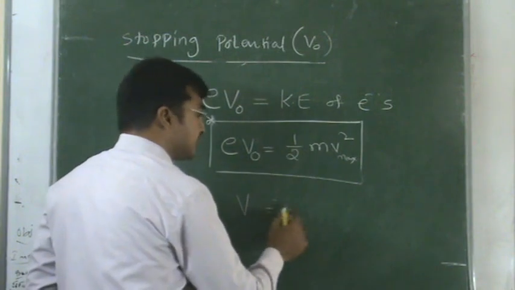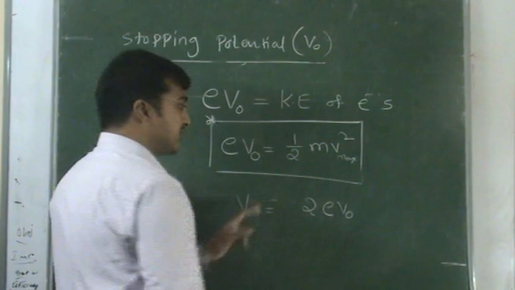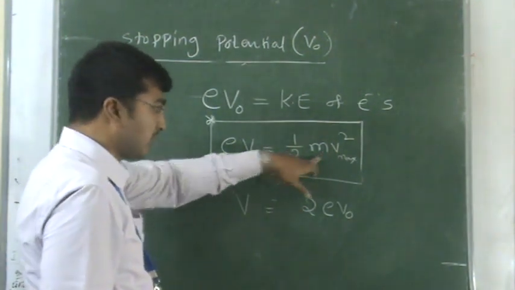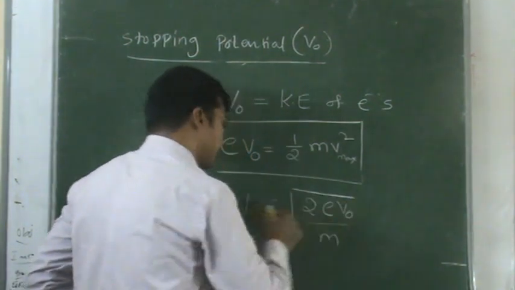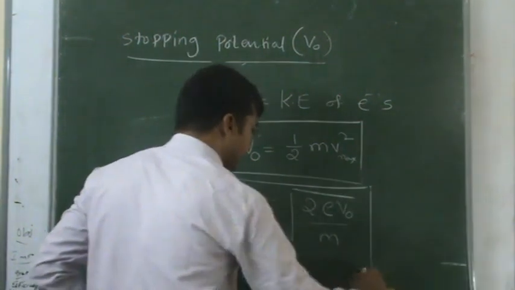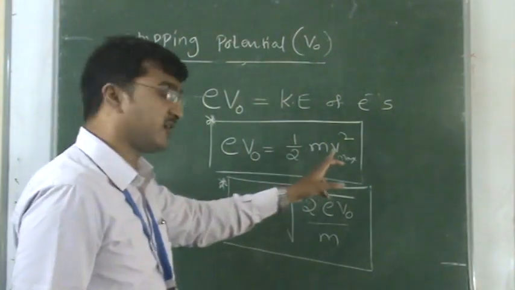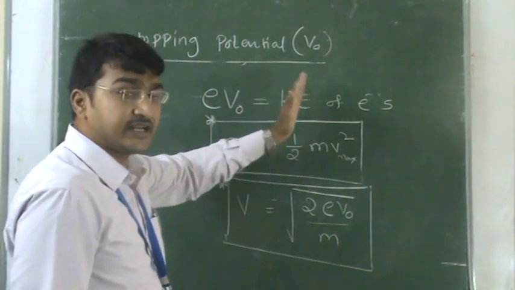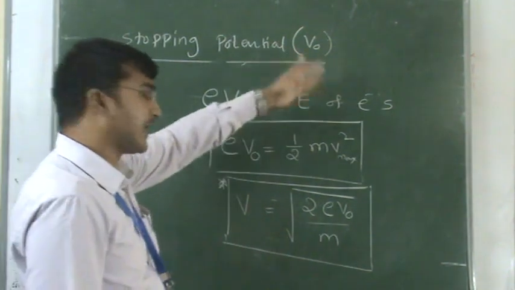Since 2 is in the denominator, it goes to the numerator, and m comes to the denominator, under a root. Please make a note of it. eV0 equals half mv squared, which is the kinetic energy of electrons ejected from the metal or cathode plate.